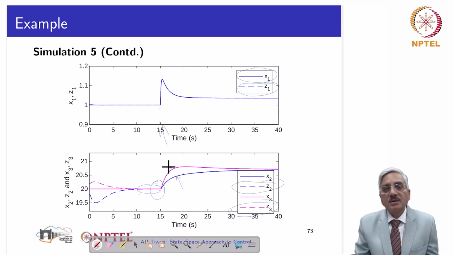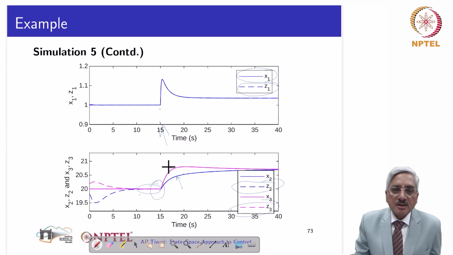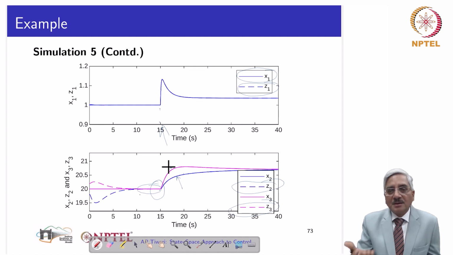They are almost the same. So irrespective of whether some input was applied to the system or not, the observer states had become asymptotic to the actual system states and they actually match the actual system states.